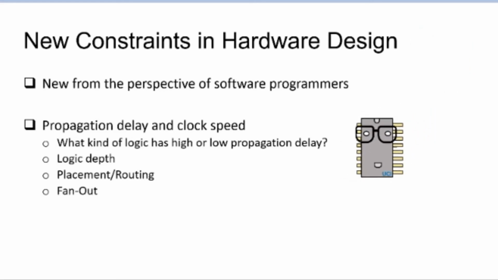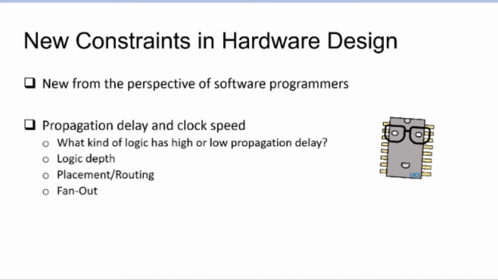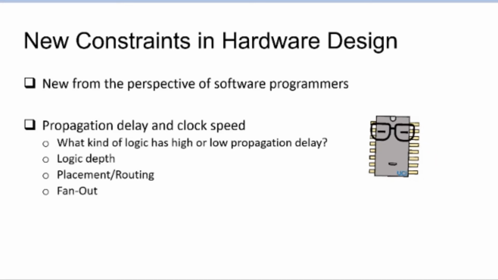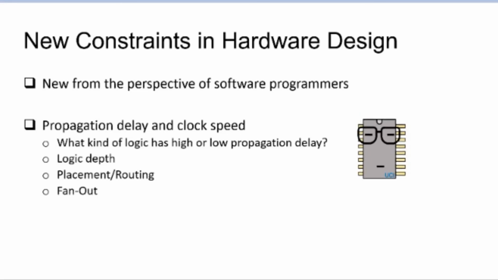Because now they have to think about propagation delay and clock speed on top of just implementing their logic. On top of implementing the logic, you have to think about how the pipelines and the data paths are constructed to get high performance. And on top of that, you also have to worry about the clock issues.